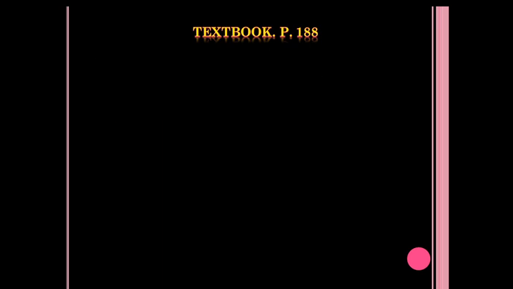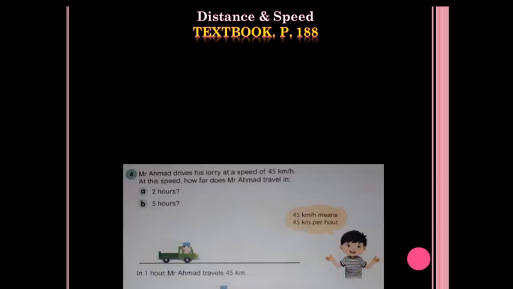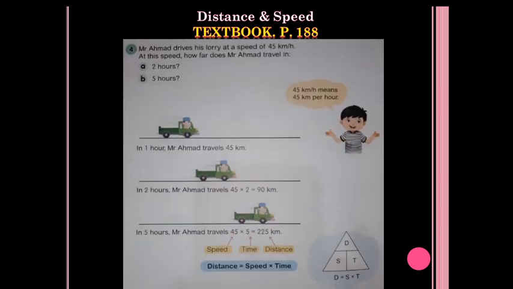Now go on to your textbook about distance and speed, page 188. Number 4. Mr. Ahmad drives his lorry at a speed of 45 km per hour.